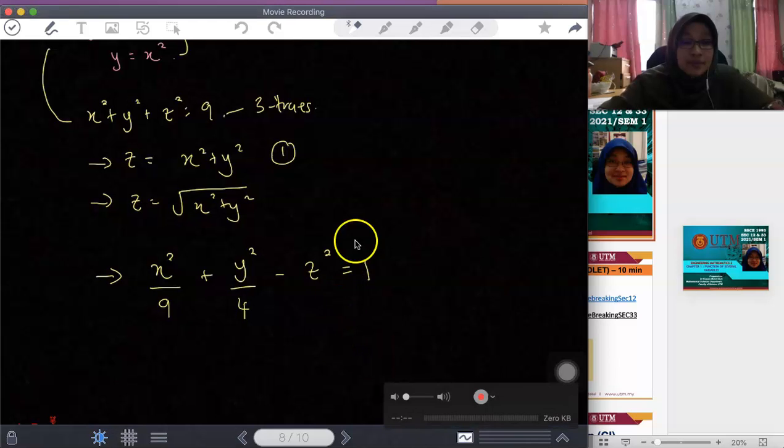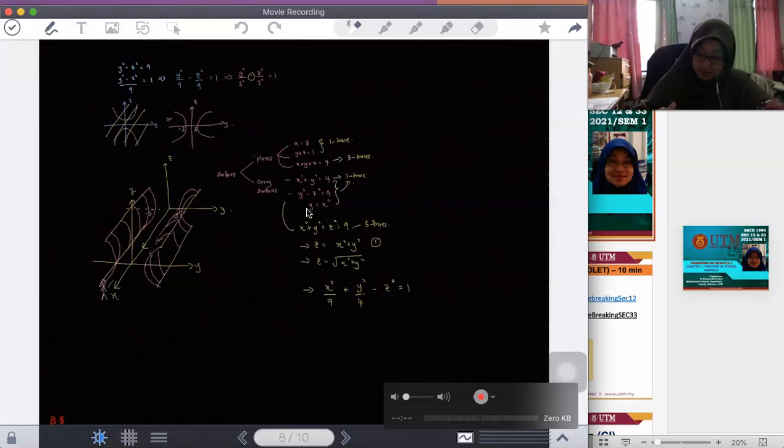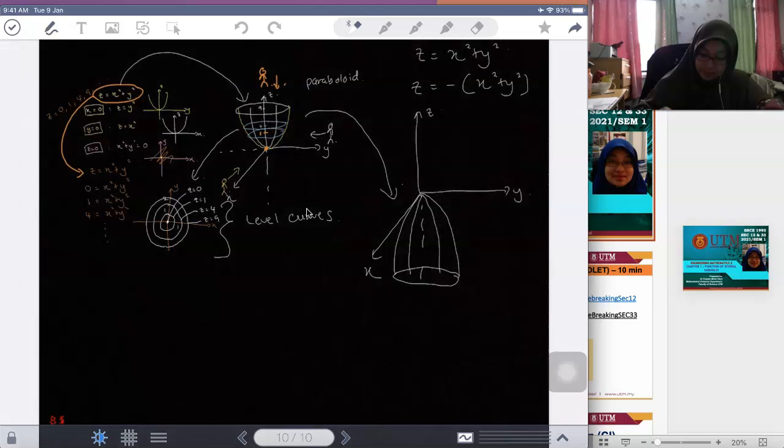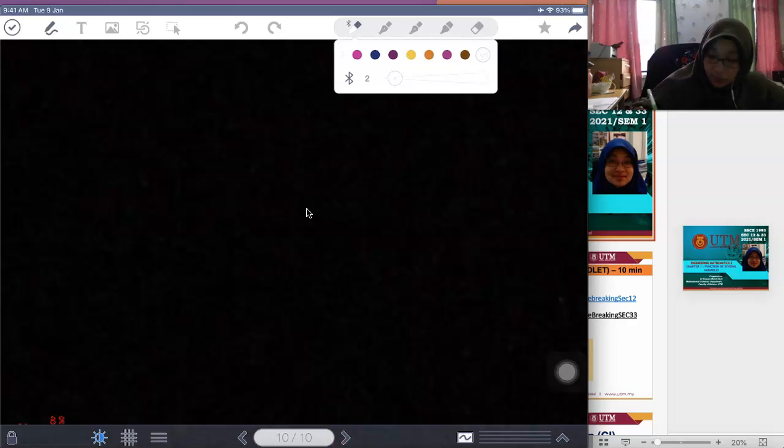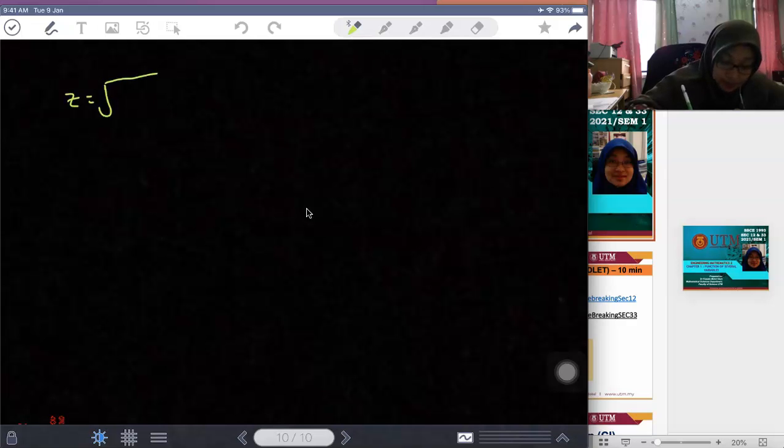Next, how about if I put the square root? Before we proceed with the sketching, let's count how many variables we have. We have 3, meaning you have to provide 3 traces. So z equal to the square root of x squared plus y squared.